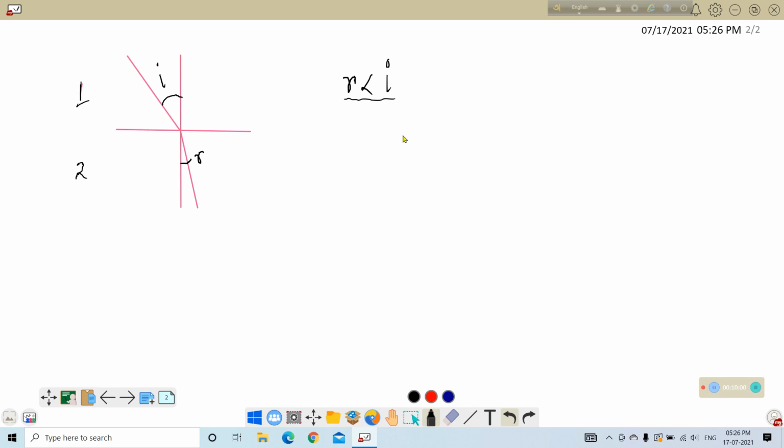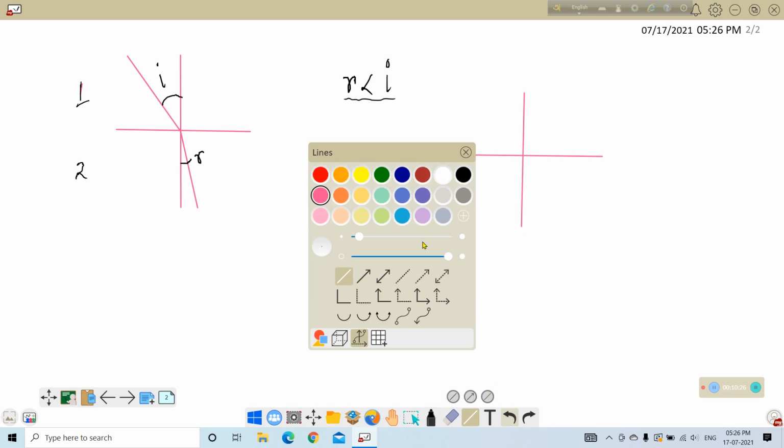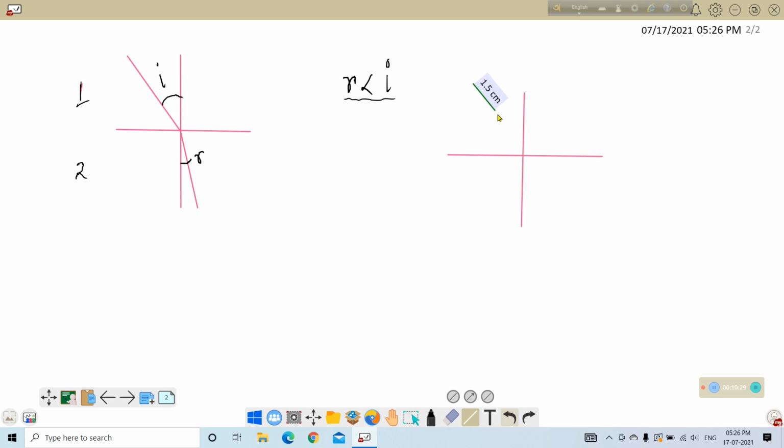Sometimes R can be greater than I. So we are drawing another figure. This line separates two media, and this line is the normal. Now this green line is the incident ray, and another green line is the refracted ray.